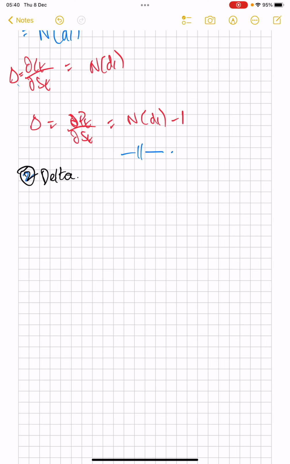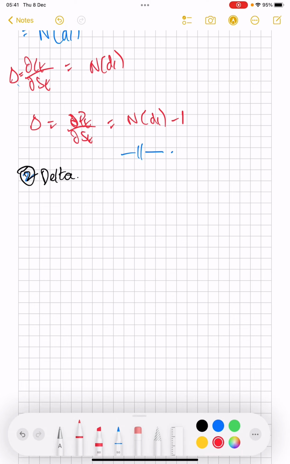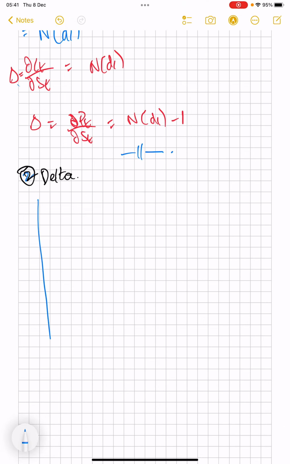So delta of a call option: I have stock price and I have call option price.